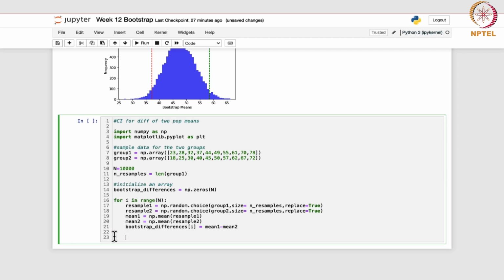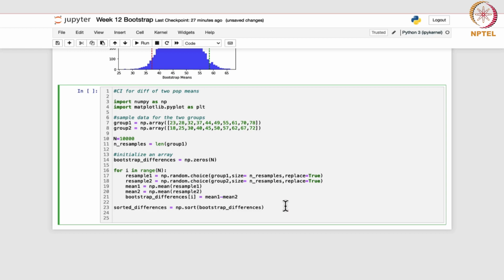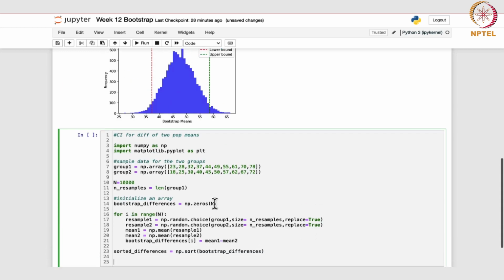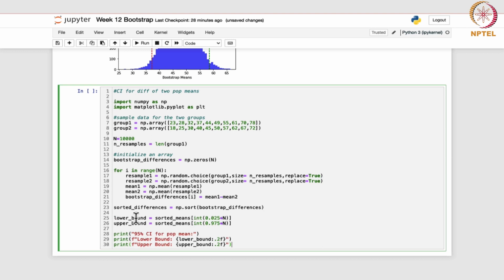Okay, once you have obtained this array, finally we are going to sort it out. Sorted differences will be np.sort of bootstrap differences. Again, you will find the lower and the upper bound, so I will just use it from here. We need the print command also. So lower bound will be, here we have stored it in sorted differences, so let me write differences.